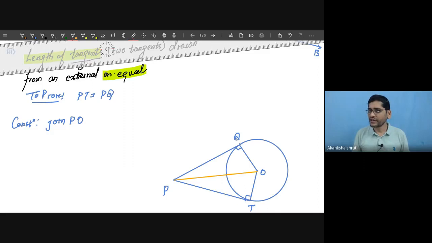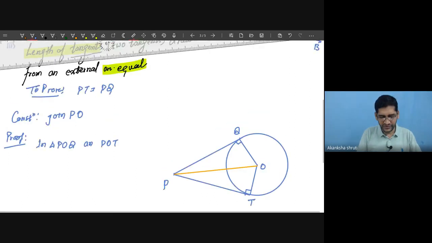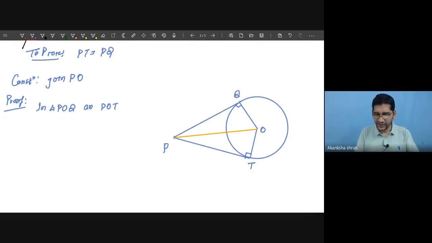Now, for equality of any line segment or equality of angle in geometry, wherever there is a triangle, we need to go for congruency of two triangles. So that concept we need to use here. Take triangle POQ. Observe carefully. POQ means the upper triangle, and the other is POT, the triangle on the lower side. These are the two triangles that we are taking. So what can we observe?